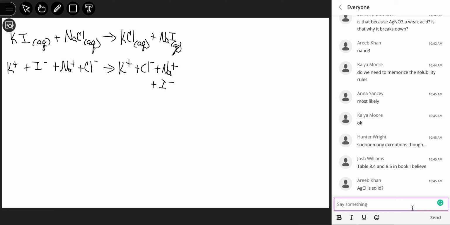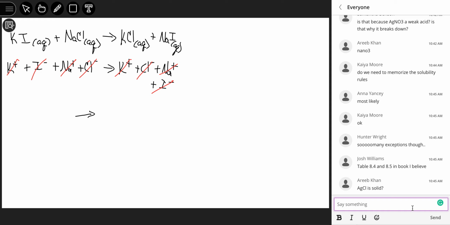All right, and then all of these would get aqueous symbols, but I'm going to be a little lazy and not put them in. So let's get rid of some of the spectator ions. Right? So if I get rid of sodium, get rid of chlorine, get rid of iodine, get rid of potassium, then what I'm left with as a net ionic equation is an arrow. Right? That's not an equation.